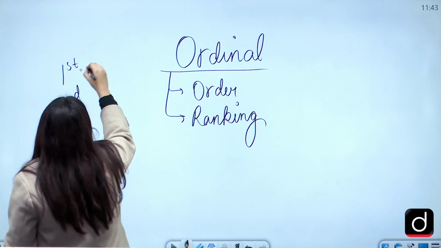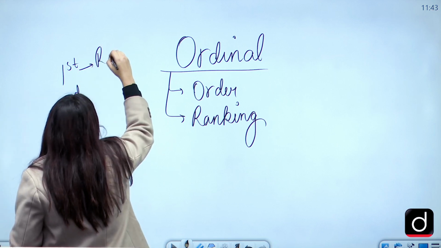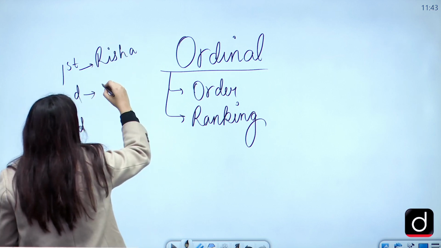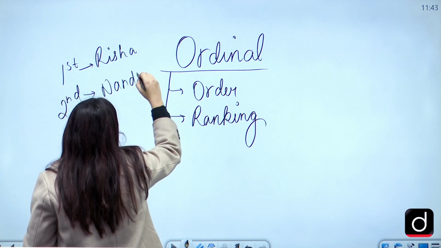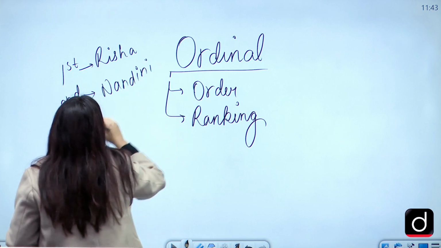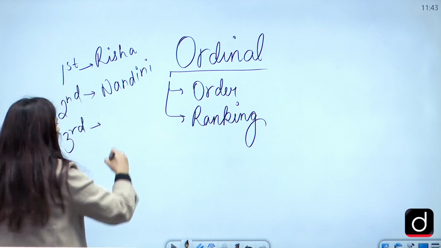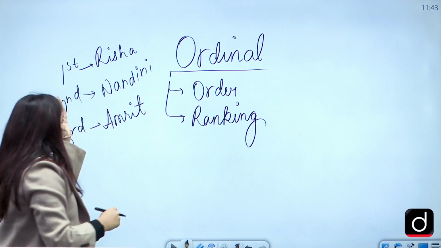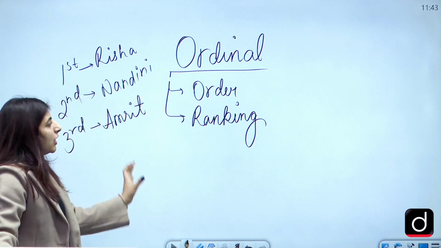Correct? So the name of the first person was Risha, right? The name of the second person was Nandini, correct? And the name of the third person was Amrit. So if I say that these 3 people are there, what I'm doing?